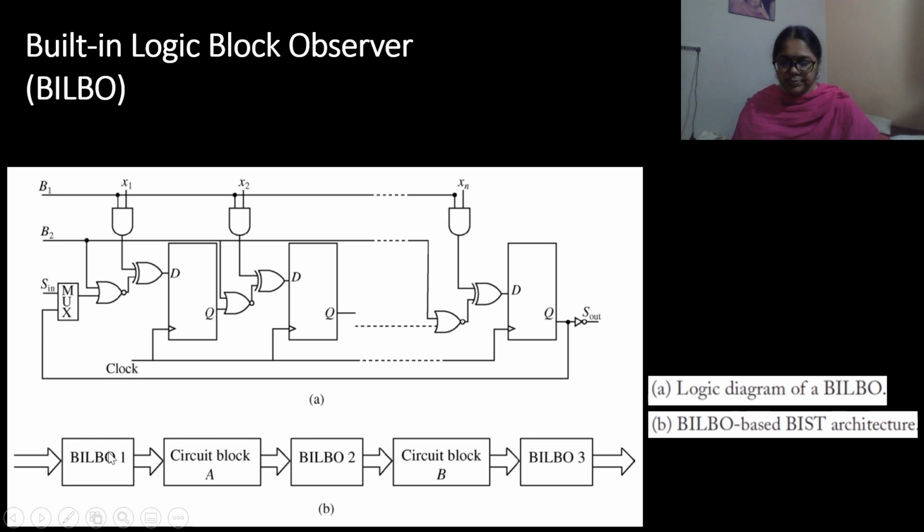So, when we give B1 equal to 0, you can see that the output of the AND gates is equal to 0. And we give B2 equal to 1. This B2 is given through the NOR gate to the XOR gate.